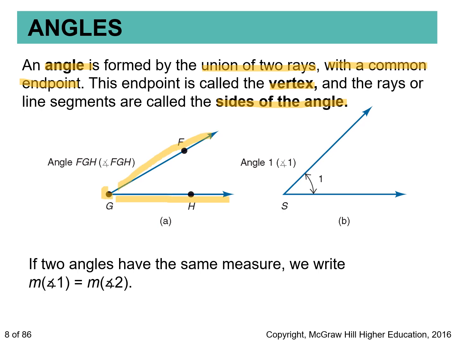This is the vertex. The symbol for angle. And when something has the same measure, we use M for measure, and then we use an equal sign. So you could say that these two angles drawn have the same measure.